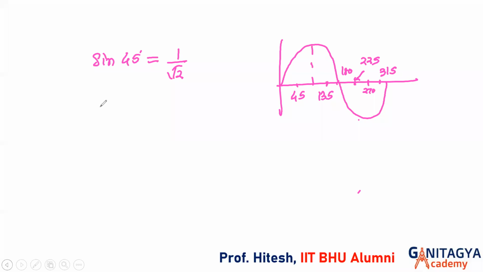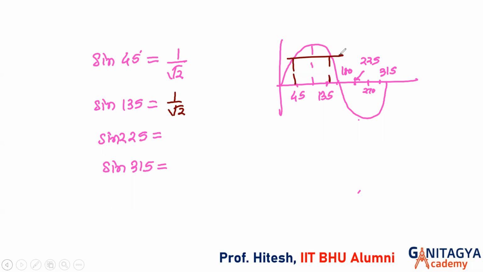Understood? so now we are having sin 45, sin 135, sin 225, then sin 315, ठीक है. so sin 135 is also 1 by root 2, है ना, क्योंकि both will be same, 1 by root 2, and then 225 and 315 both are minus 1 by root 2, ठीक है, minus 1 by root 2.